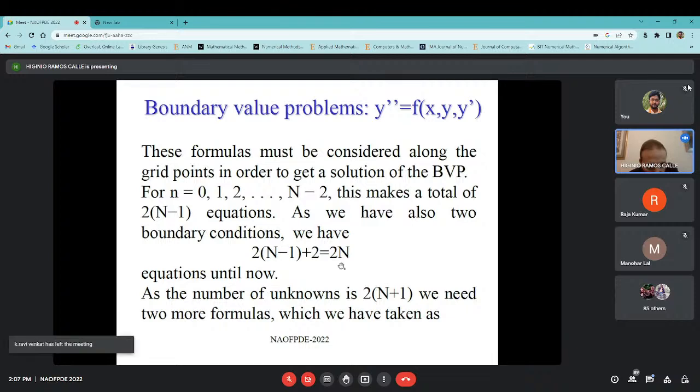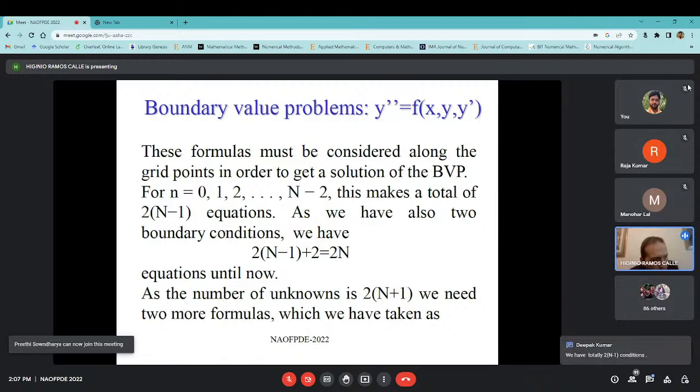It is assumed that we have divided the interval of integration considering the grid points x0, x1, x2, ..., x_{n+2}, taking a uniform step size.